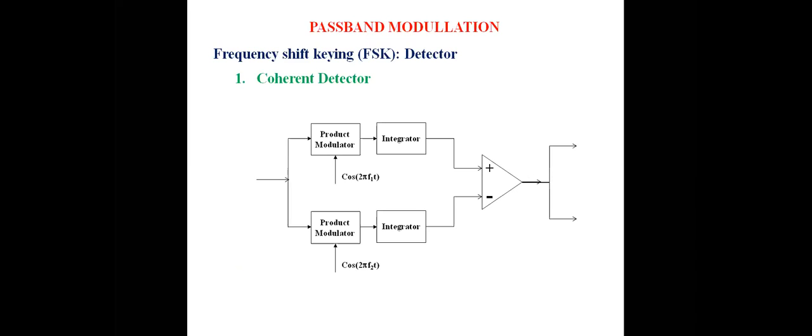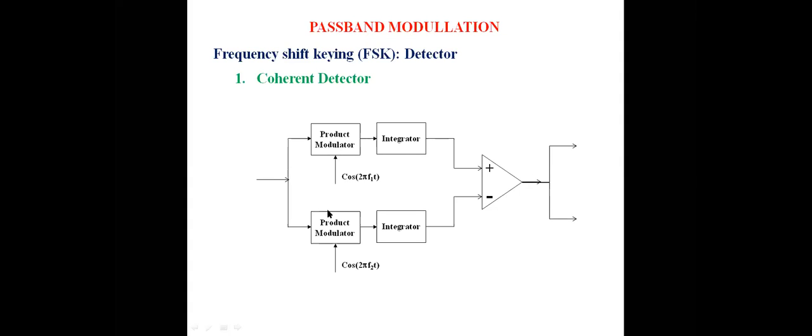You see, this is the coherent detection method used for detecting an FSK signal. Here we have one channel, an upper channel of coherent detection, and a lower channel of coherent detection, and a comparator. The upper one has a product modulator followed by an integrator.